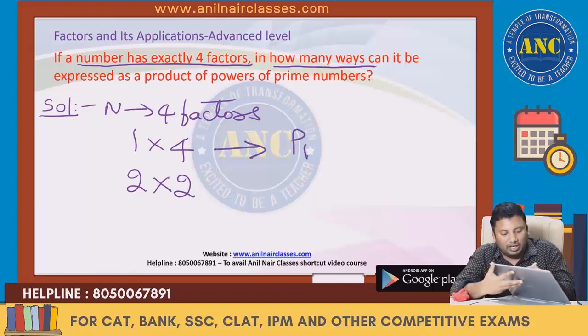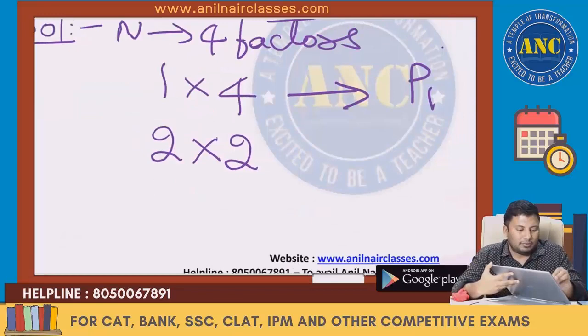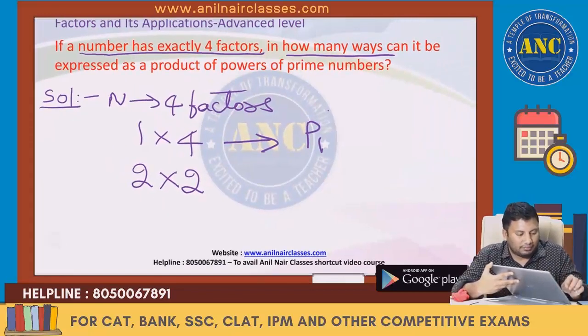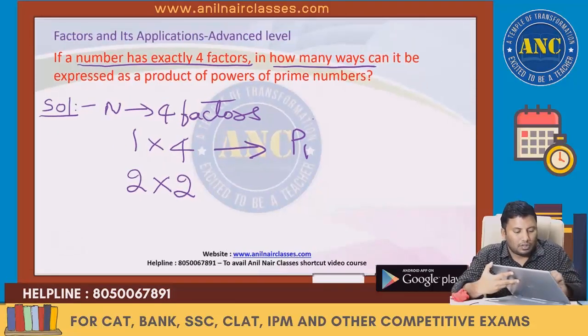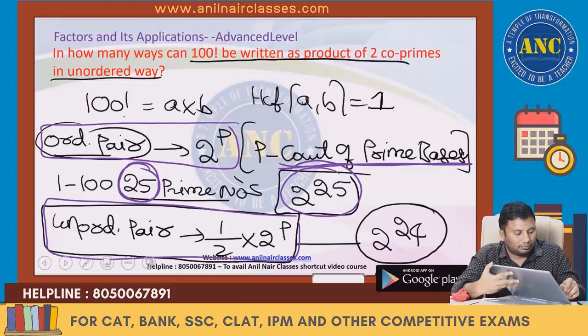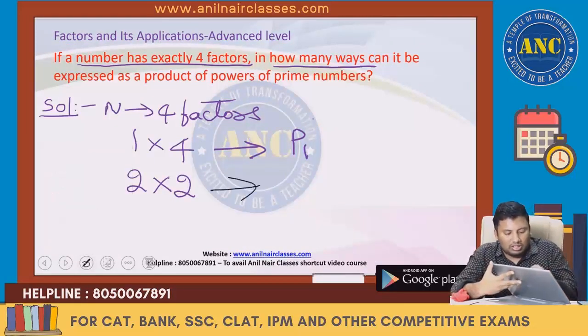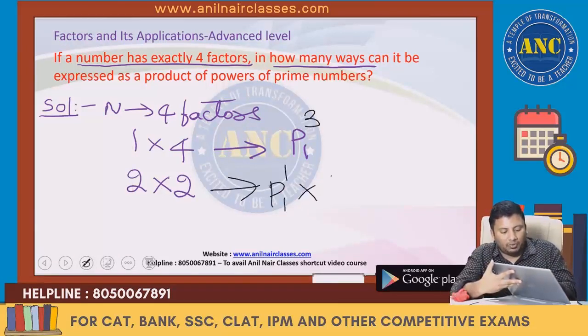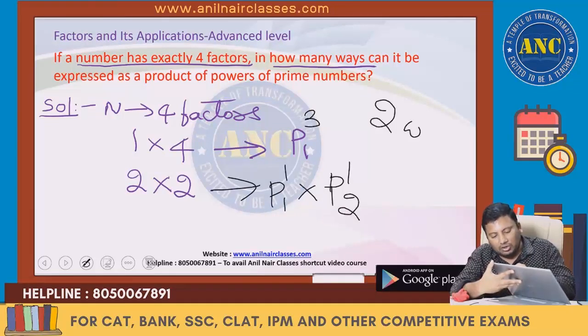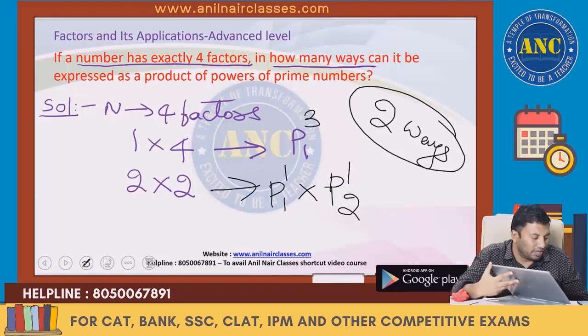This is P1 power 3. This is P1 power 1 into P2 power 1. So in how many ways can you write? It is 2 ways. Right?